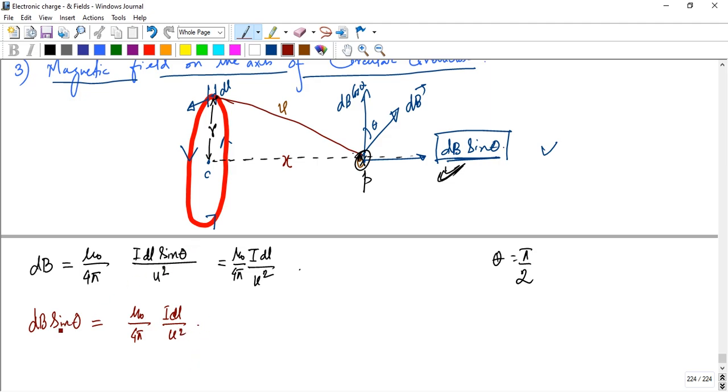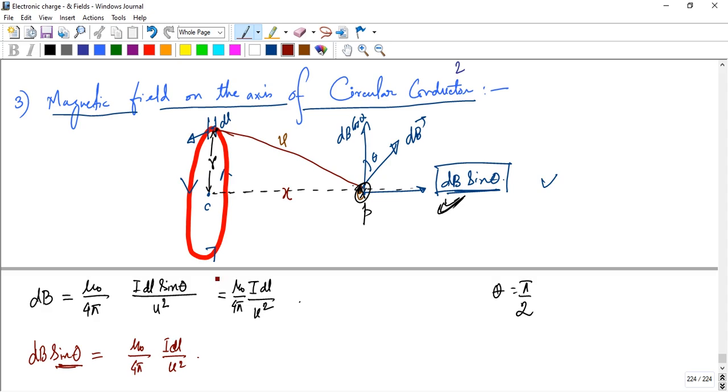And here is a sin theta term. These are the component terms. Not actually the angle. The angle here, suppose we call it alpha, where alpha is 90 degrees.